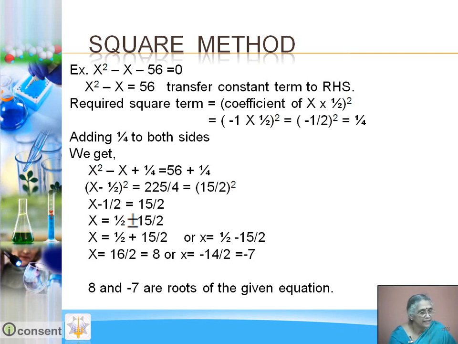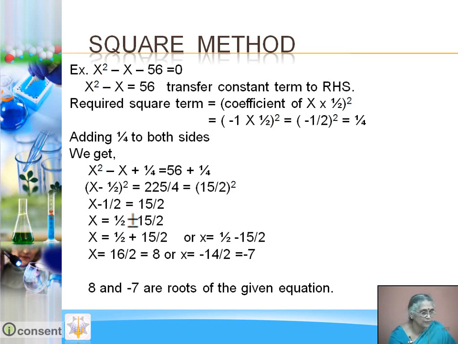So adding 1 upon 4 to both sides, we get x square minus x plus 1 upon 4 is equal to 56 plus 1 upon 4. So (x minus 1/2) whole square is equal to 225 upon 4, which is equal to (15 upon 2) whole square.